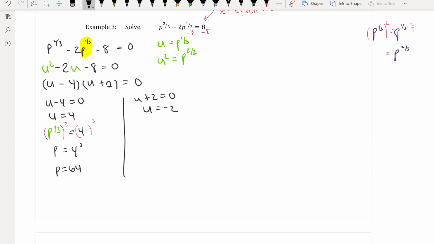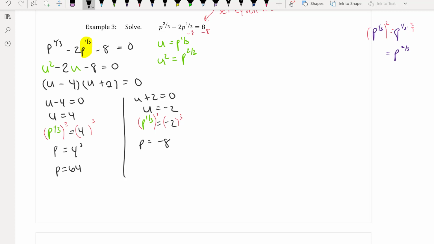Now I'm going to do that again with my u is equal to negative 2. So that u value is p to the 1/3, and it's equal to a negative 2. So I'm going to go ahead and raise each side to the 3rd power. So I'm going to have parentheses negative 2 to the 3rd power, and that's going to give me negative 8.